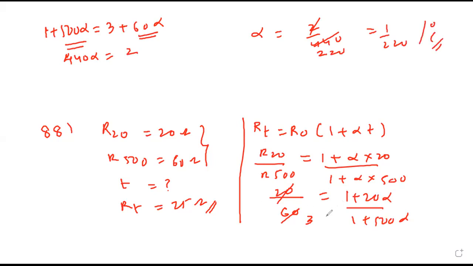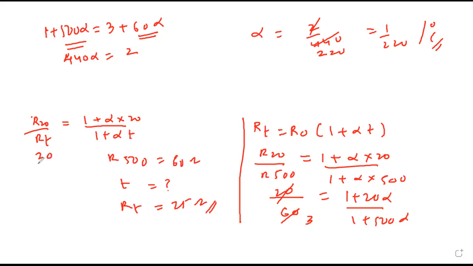This much you all follow? Just copy this. Now again I am taking two equations so that R0 will be cancelled. That means R20 upon RT I am taking: (1 plus alpha into 20) upon (1 plus alpha into T), which we have to calculate.